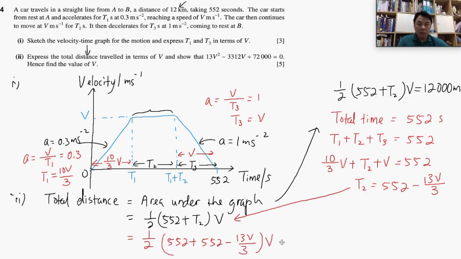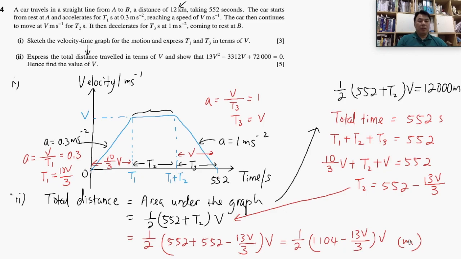If you like, you can simplify as half of 1,104 minus 13v over 3, and then multiply by v. Okay, now that will be the total distance in meters. I hope it's clear.